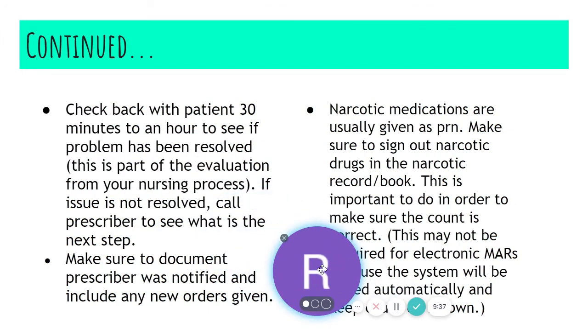So this documentation continues. Check back with the patient 30 minutes to an hour to see if the problem has been resolved, as part of the evaluation in the nursing process. If the issue is not resolved, call the prescriber, document that the prescriber was notified, and include any new orders that he gave.